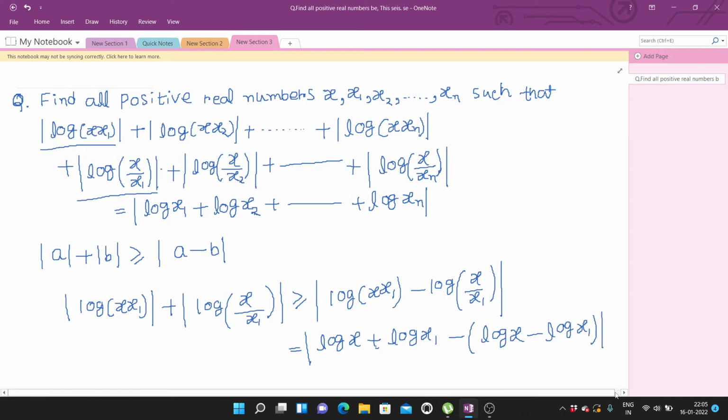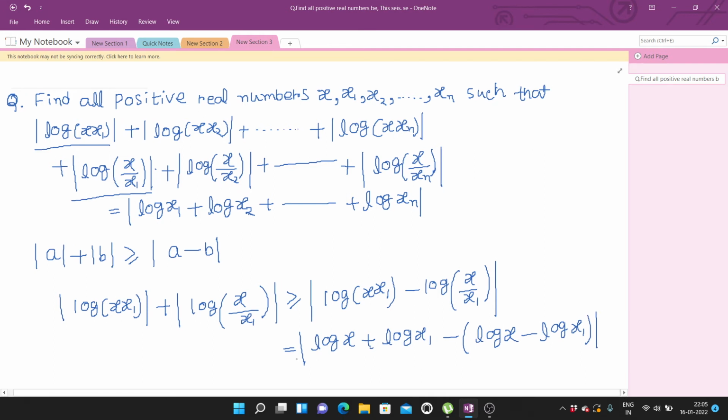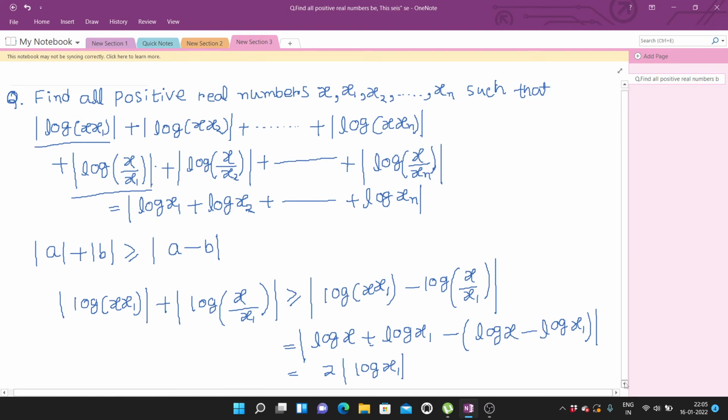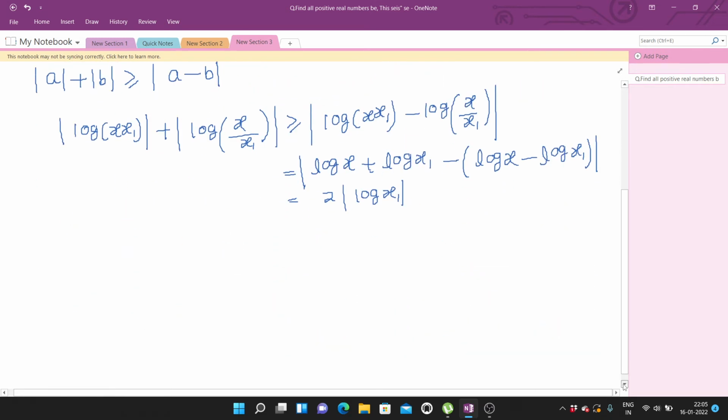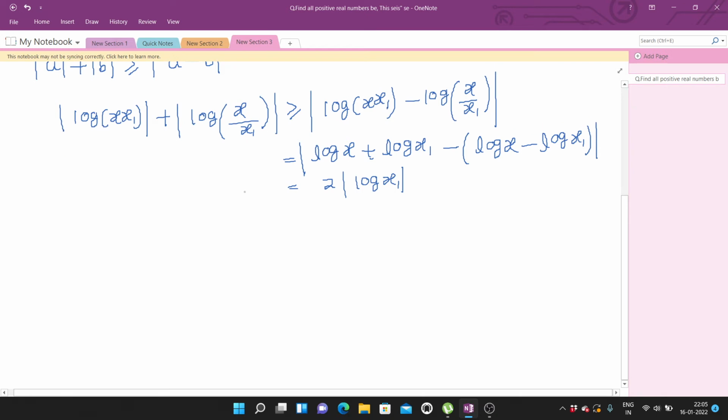If I make a little adjustment, you can see the log x terms cancel out each other, and we are left with this. So if we couple the two terms, log of x x1 and log of x by x1, we are left with these, and this term is greater than this term.